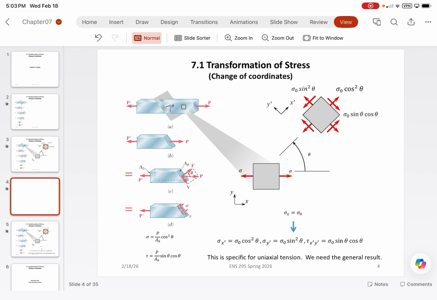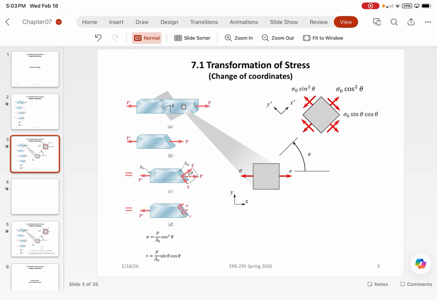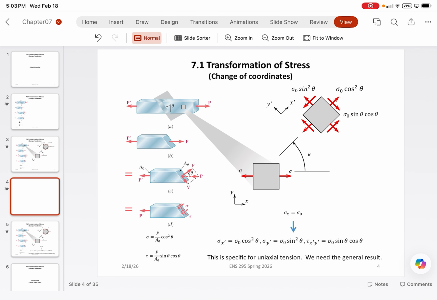And so basically, when we consider a stress state and transform these stresses, we break it down, and that's when we categorize sigma x, sigma y, and tau xy. And we denote sigma x, sigma y, and tau xy as what we call the normal in-plane stresses.